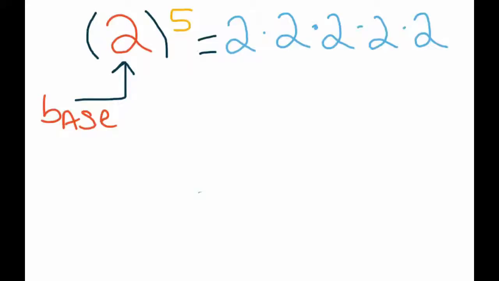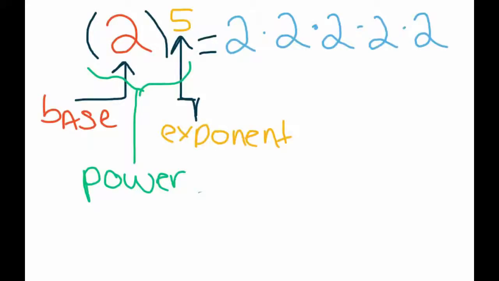The next component would be our exponent. In this example, 5 would be our exponent. An exponent of a power indicates the number of times that the base is used in a factor. The base and the exponent combined makes up the power.